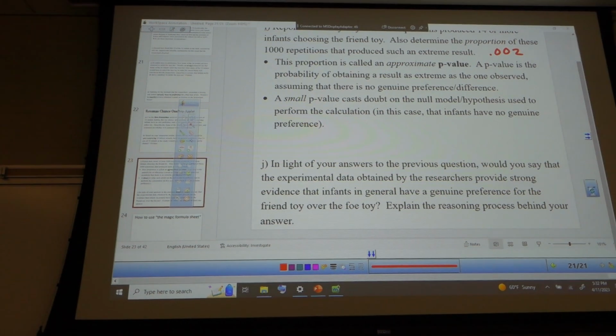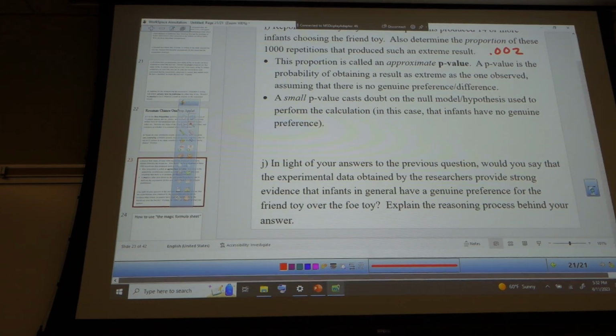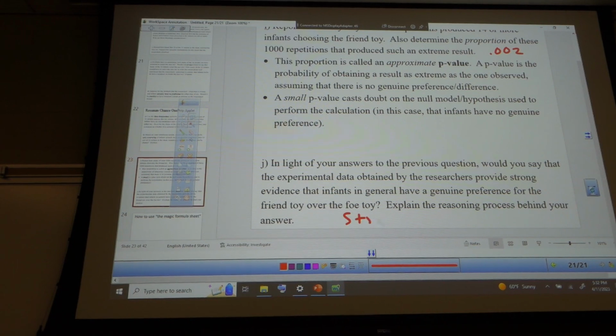Strong. So what did you folks find? Strong evidence. Yeah, it's very strong evidence, right? That's super strong. Why? Because it's really unlikely to get 14 out of 16. My p-value is 0.002.